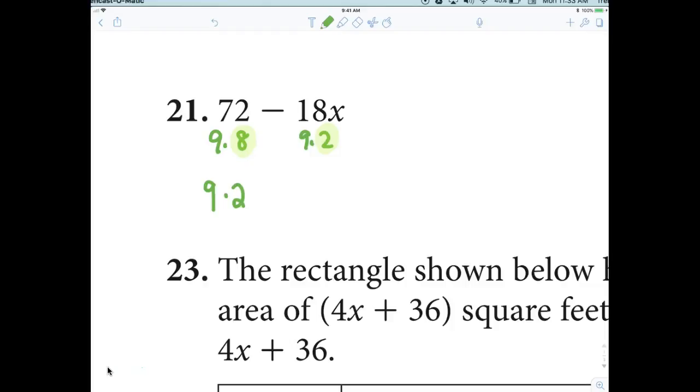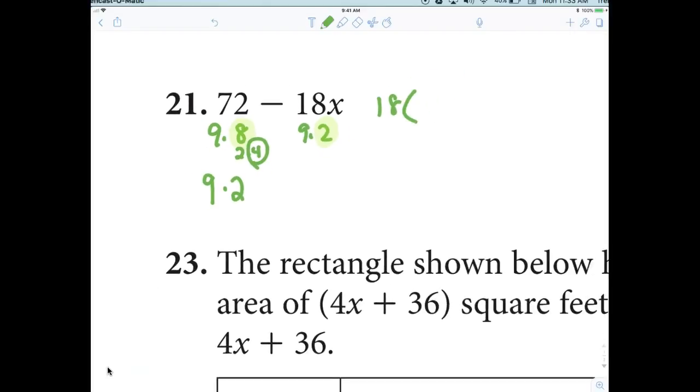Yes, you have to write it as 18 open parentheses. Now, if you pulled a 2 out from 8, there would be how much left? Come on, guys. There would be what left? 4. Does everybody see there would be a 4 left? Because 72 is 9 times 2 times 4.